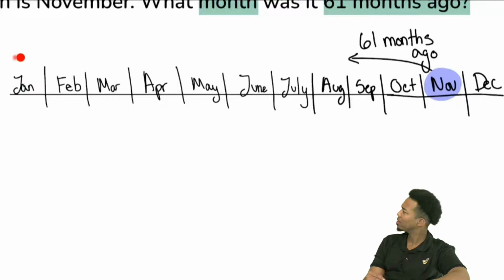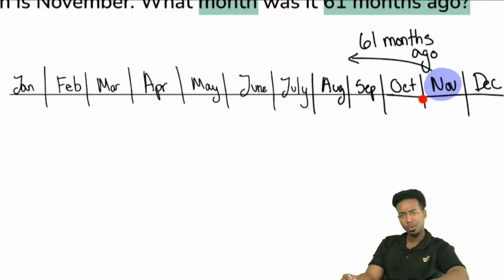What's going before that? Yep, then we're right back to December for 11 months. And where are we 12 months ago? 12 months ago, we're right back at November.